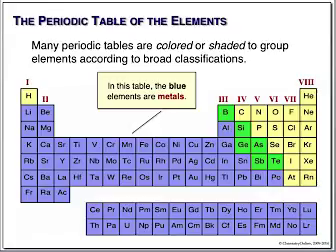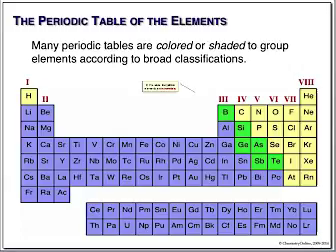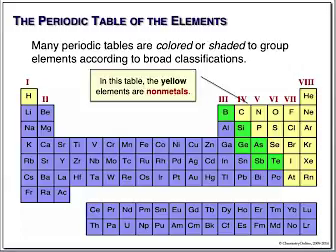The yellows, hydrogen, and then these guys on this end here are referred to as nonmetals. Nonmetals basically are insulators. They don't conduct electricity. They're brittle, usually, or gases. Very different in properties, anyway, from metals.